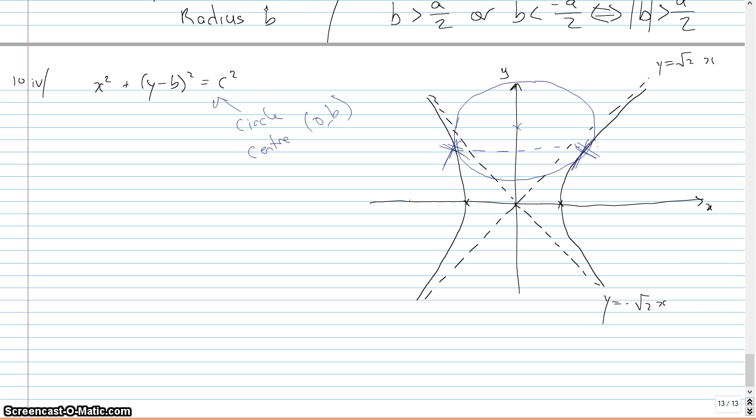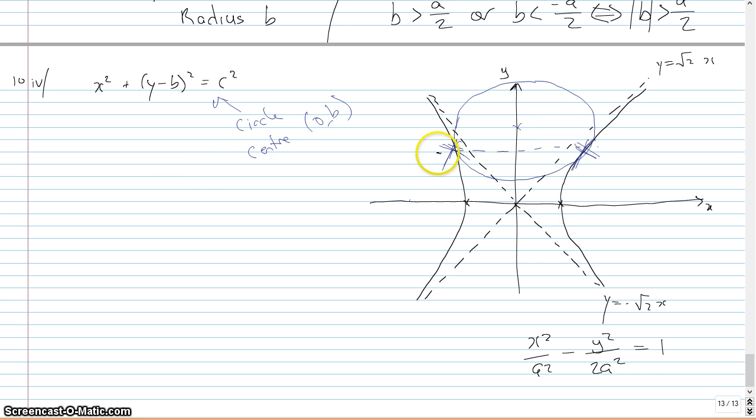Well, remember that this is the graph x squared over a squared minus y squared over 2a squared is equal to 1. And we've got this equation here, x squared plus y minus b squared is equal to c squared. So I'm just going to substitute this equation into this one.